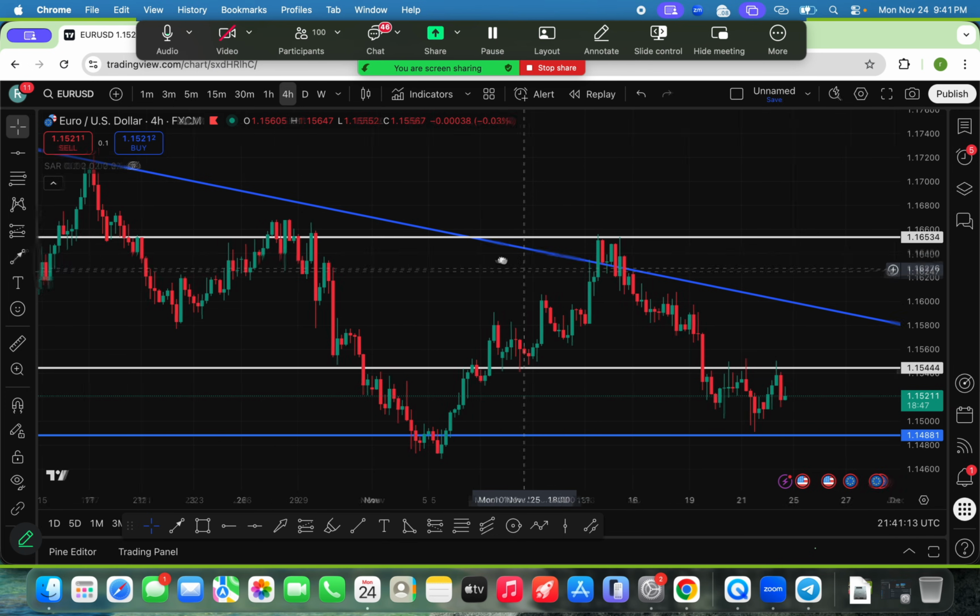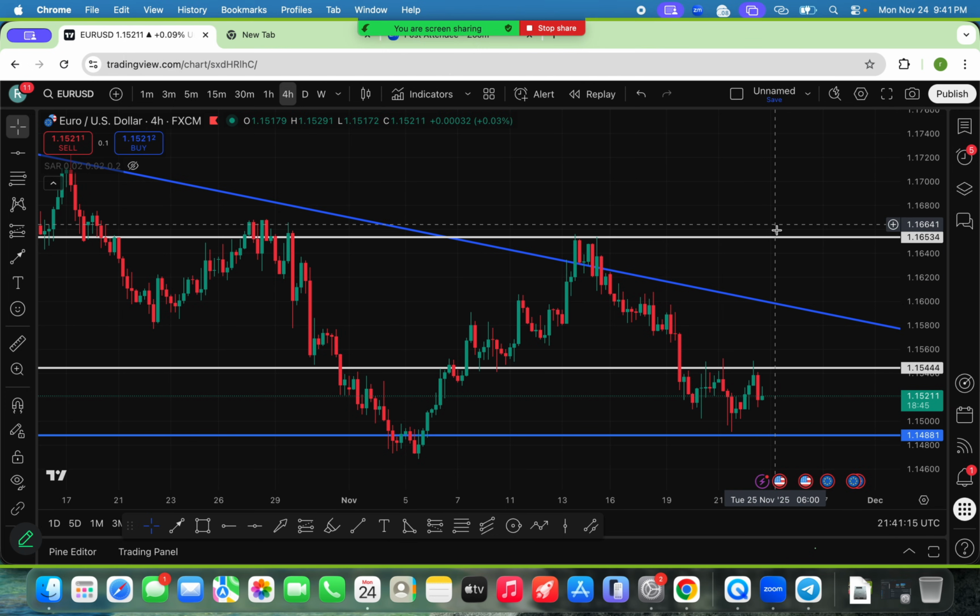So we have a turning point here, you have a turning point here, and this turning point is in the weekly time frame. You understand? So when you get a turning point in the weekly time frame, when you come to the lower time frame and you see price close to that weekly turning point, you should know that's a very solid level, because anytime you're analyzing the market, the higher time frame is more accurate than the lower time frame, right?